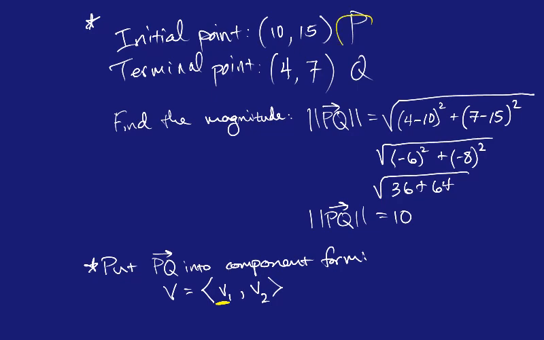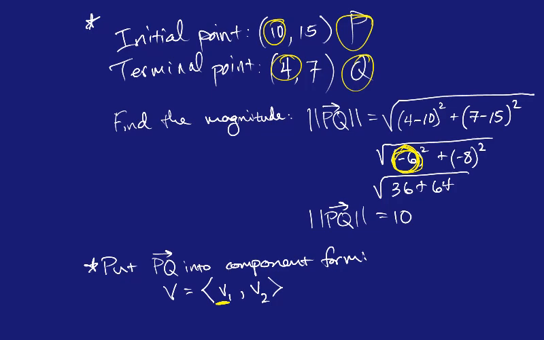So if we look at it, P started at 10, and then Q ended at 4. So if you think about it, it went from 10 to 4, and look over here in this distance formula, right? There was a horizontal movement of -6.